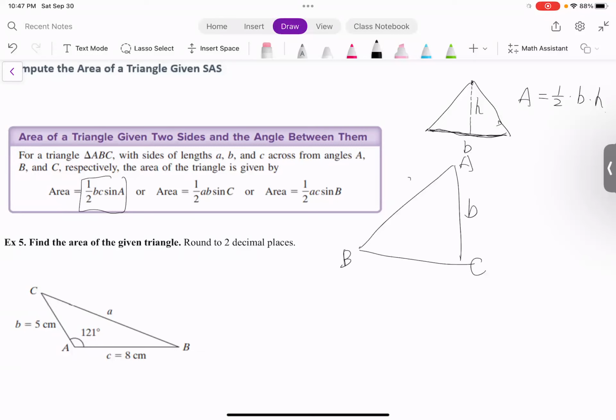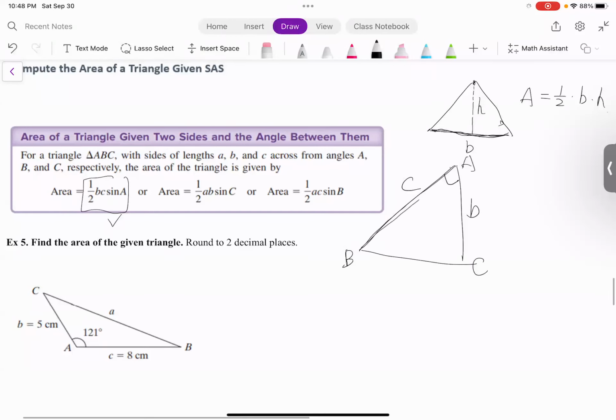If b and c and the angle A are given, so if these three pieces of information are given, the area equals 1/2 times b times c times sine A. That means the multiplication between 1/2 and the length of two sides, and also the sine of the angle between b and c, between these two sides.